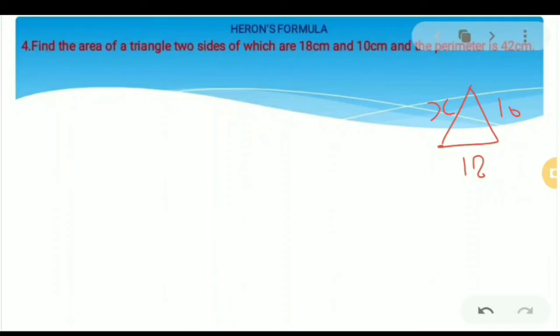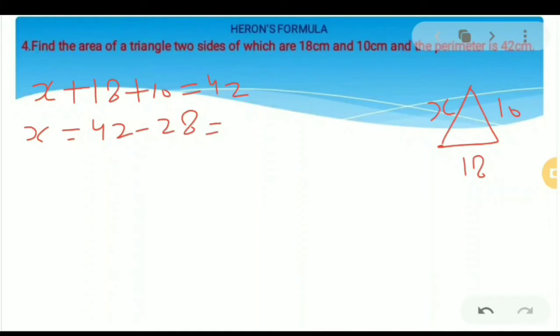So we can find the third side this way: x plus 18 plus 10 equals 42. So we can find x from here. It will be 42 minus 28, so it will be 14. So our third side has come 14 centimeter.